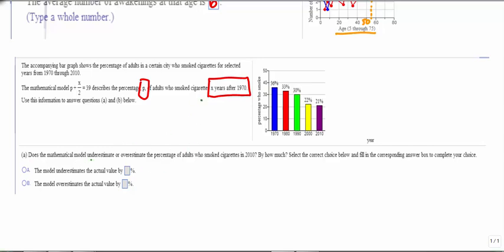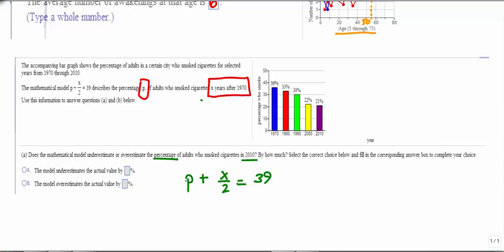It says, does the mathematical model underestimate or overestimate the percentage of adults who smoke cigarettes in 2010? Well, we don't know the percentage, so that's our unknown. Looking at my model, or my formula, I'm trying to figure out what I can plug in.